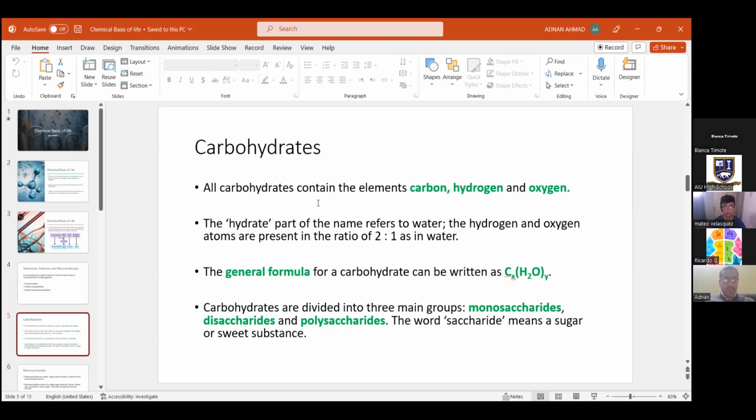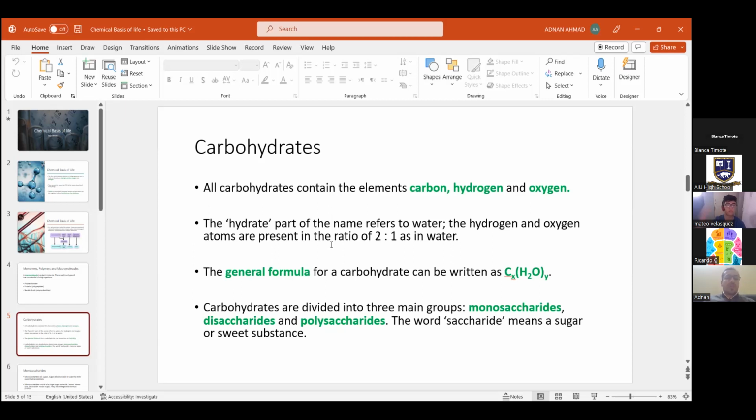Carbohydrates are divided into three main groups: monosaccharides, disaccharides, and polysaccharides. The word saccharide means a sugar or a sweet substance. So if anyone asks you what a potato is made of, you can safely say I am eating a carbohydrate. Is it clear so far?